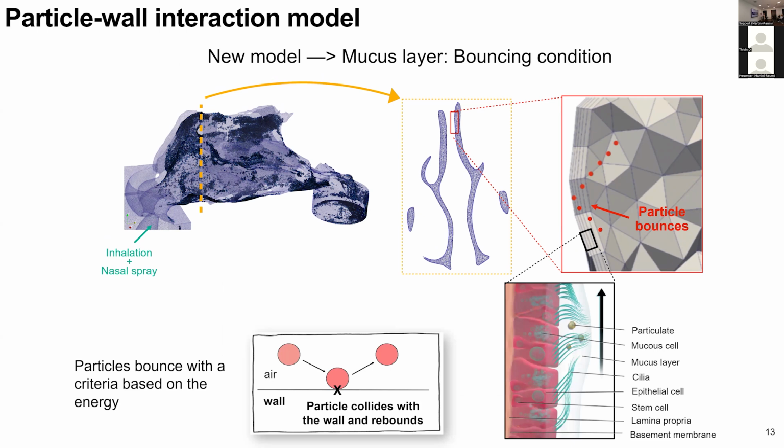Instead of considering a rigid wall, we take into account that the nasal cavity walls are not rigid, but are covered by a very thin layer, the mucus layer. It's a very complex dynamics going on in the mucus layer. So what we assume here is that instead of depositing upon touch, the particle will bounce against the wall with a criterion based on energy and rebound.